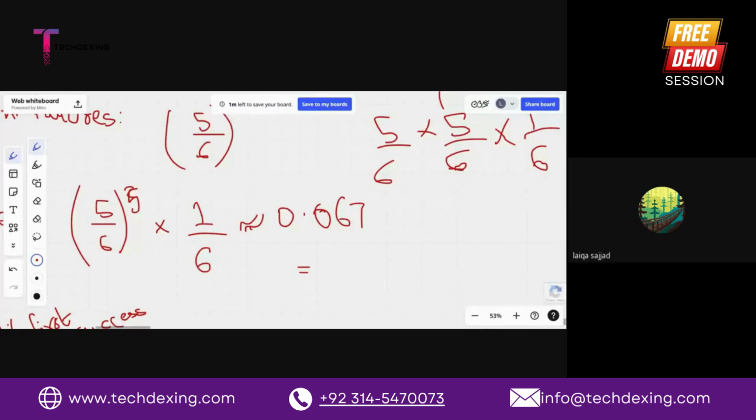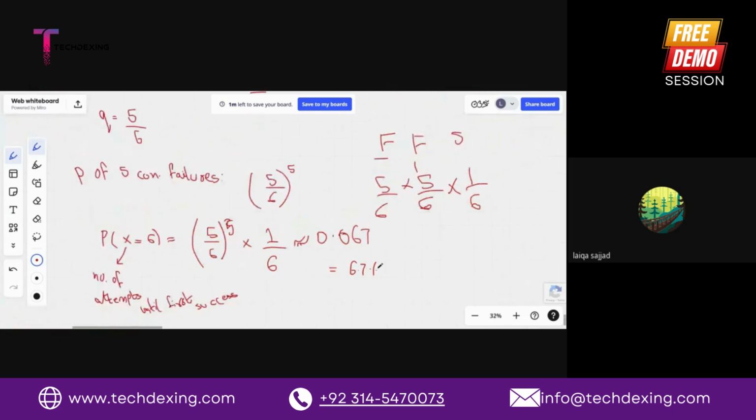Yes, very good. So it will be 6.7%. What does that mean? That there is a 6.7% chance that she will get a success on her sixth attempt, after failing for the first 5 attempts.